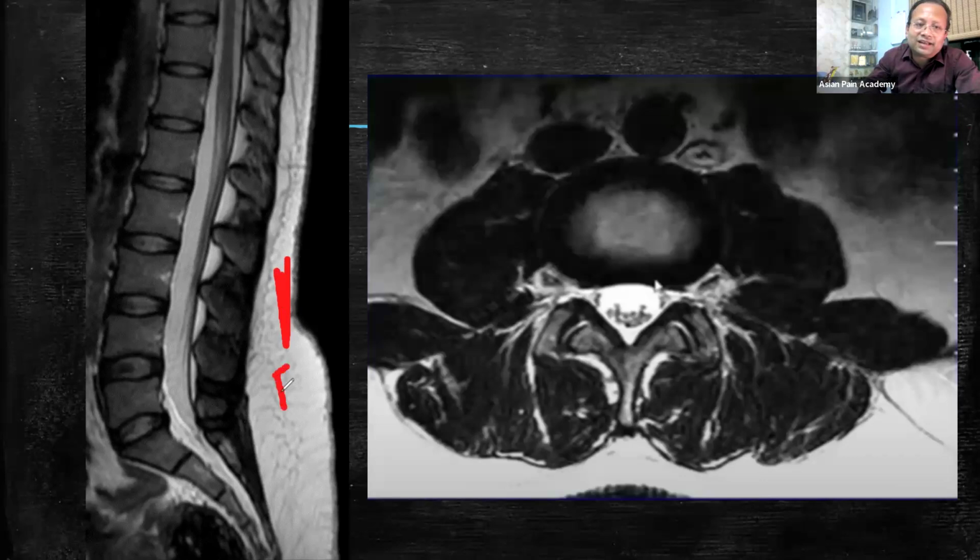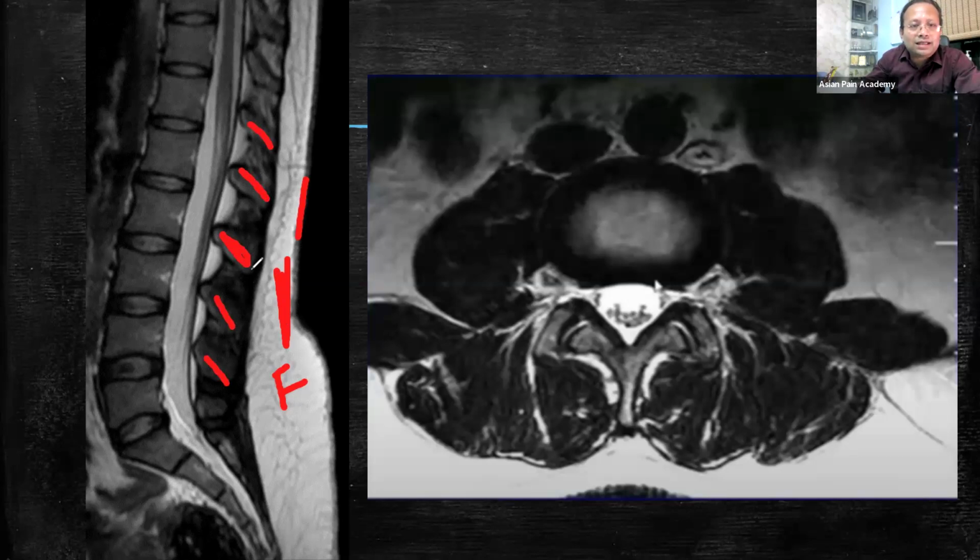Skin is also here, but we can hardly see it, and it is not needed. After that, what are we seeing? This area is the spinous process. These are the spinous processes we are seeing. Now let us see what is between the spinous processes.